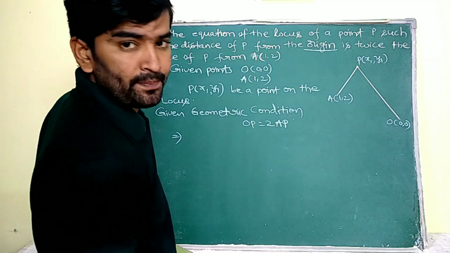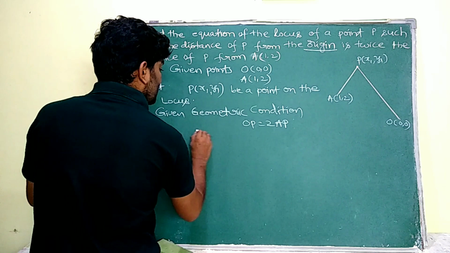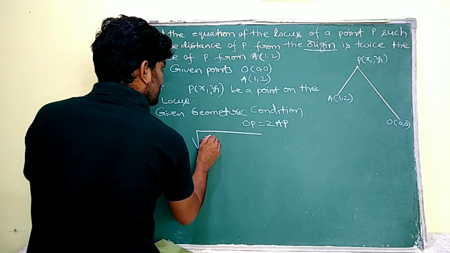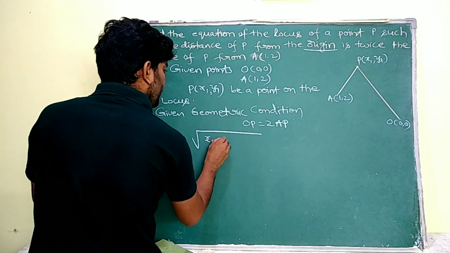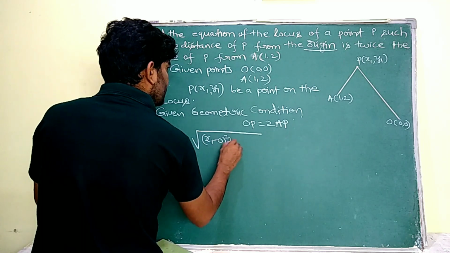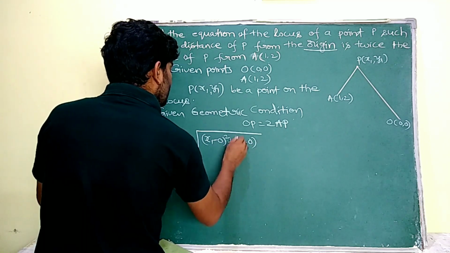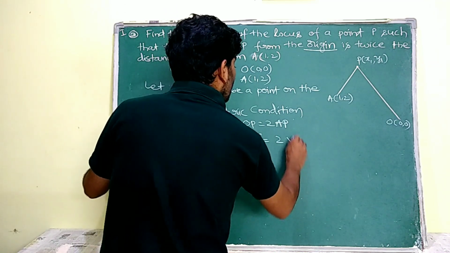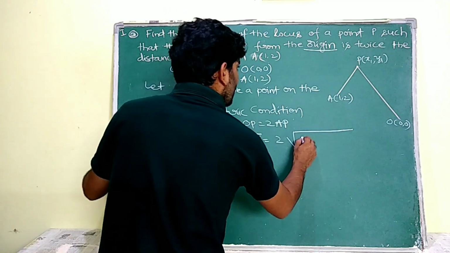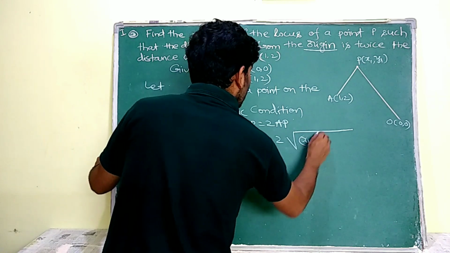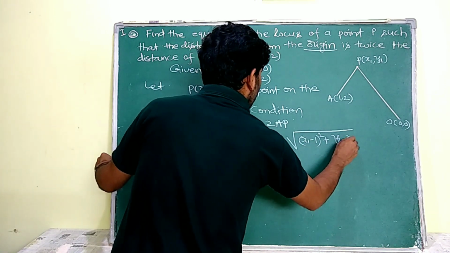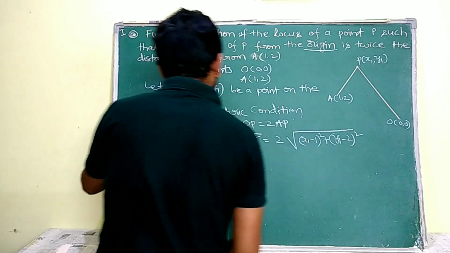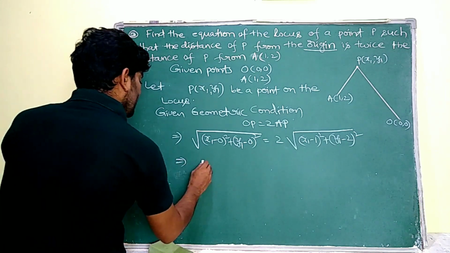Now, OP means, we know that, square root of x1 minus 0 whole square plus y1 minus 0 whole square is equal to 2 into AP, that means square root of x1 minus 1 whole square plus y1 minus 2 whole square. Now square on both sides.